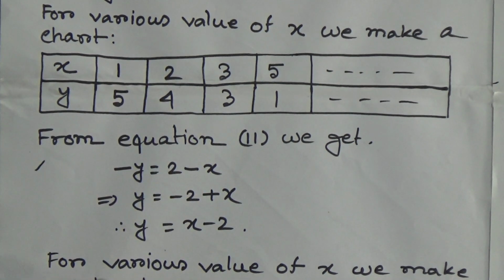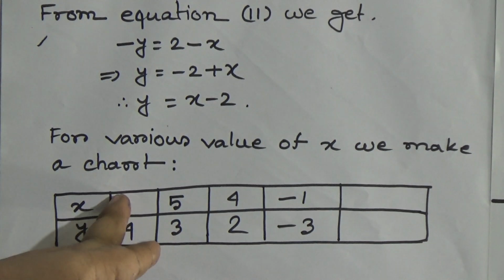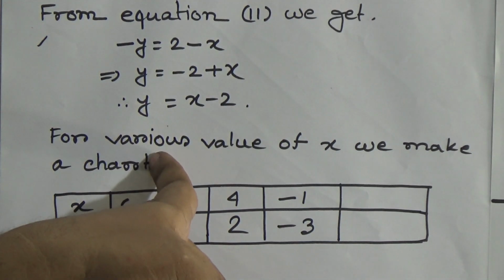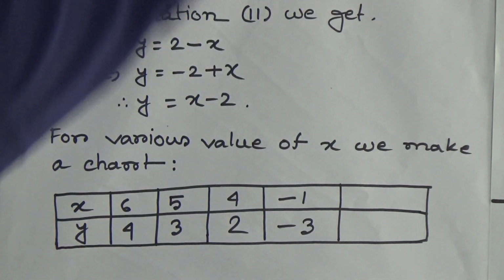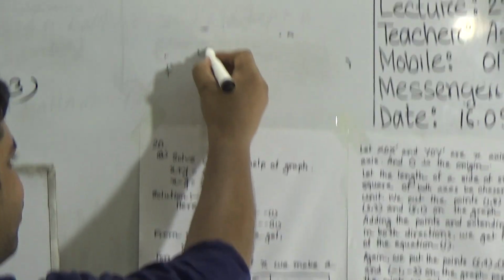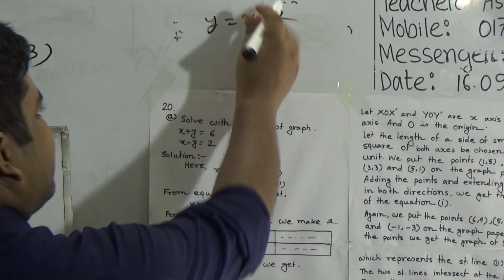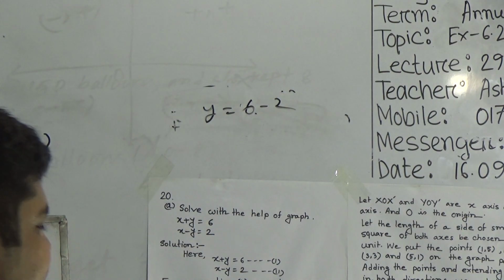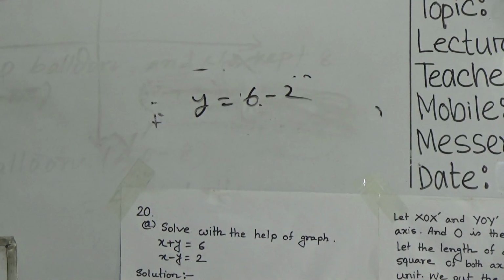Just like that, for various values of x, we make a chart. We put the value of x and we get the value of y. Suppose at first we put x equal to 6 in y equal to x minus 2. That means 6 minus 2. If we subtract 2 from 6, we get 4.